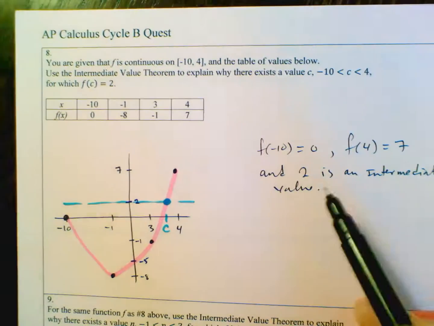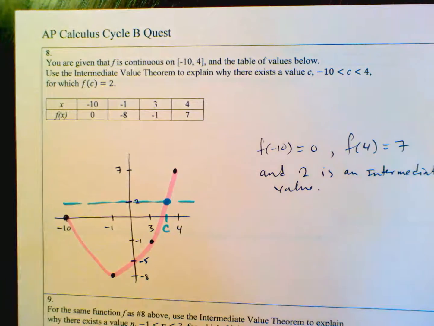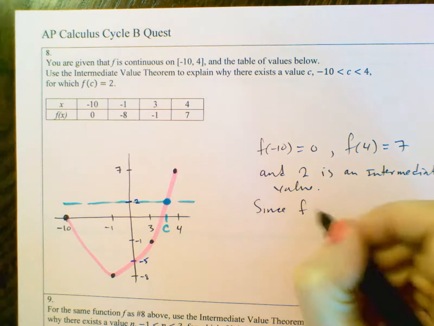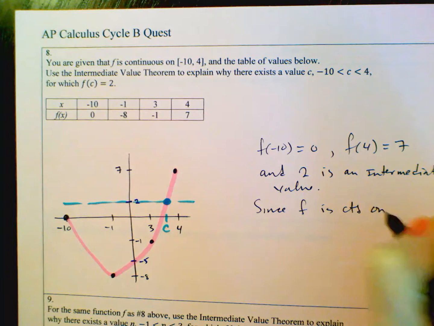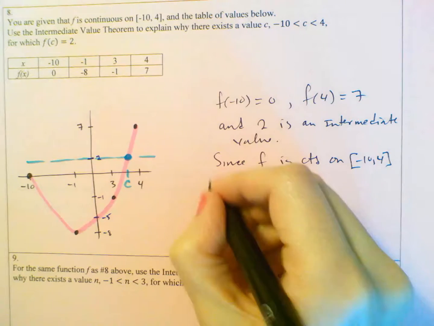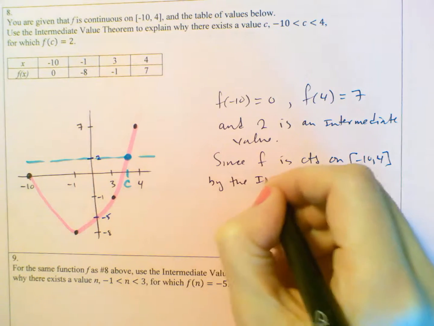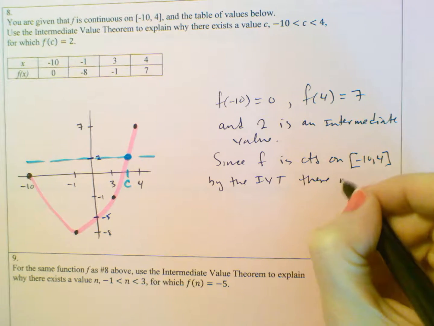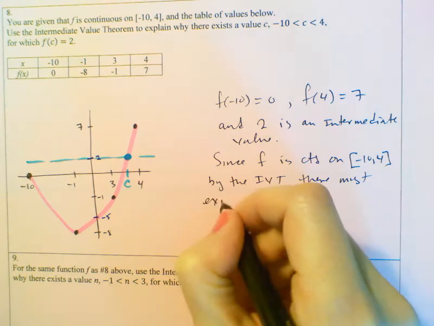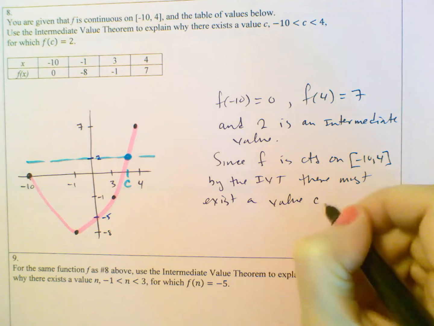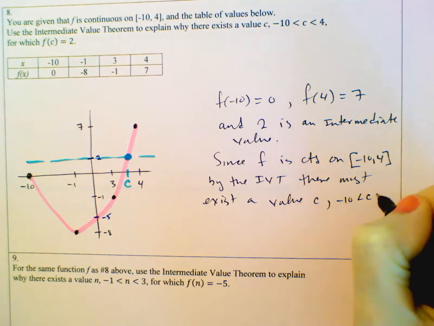All right, now, so here I've established the intermediate part. Now I need the continuity part. So since f is continuous on -10 to 4, by the IVT, the intermediate value theorem, there must exist a value c where -10 is less than c is less than 4.